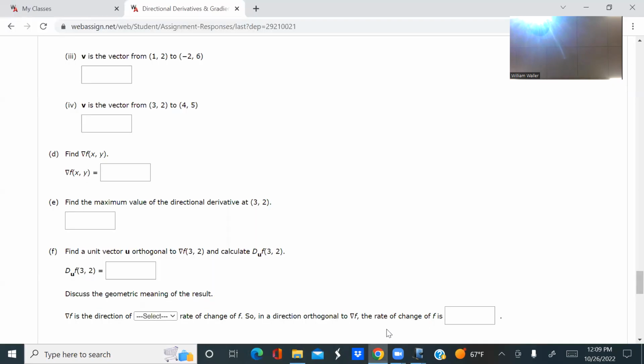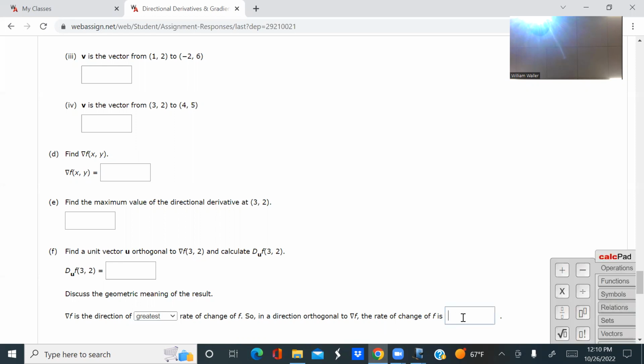So something strange is going to happen here. It's not clear why this is correct. All right. So the gradient, what is the direction of that? Greatest rate of change, right? From F, correct? So in a direction orthogonal to the gradient, the rate of change is going to be, any suggestions? Not opposite, right?